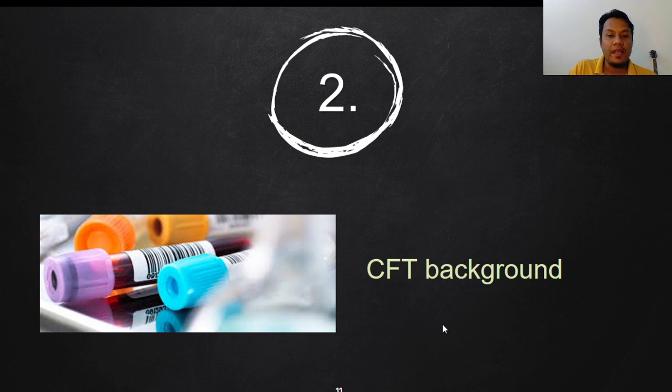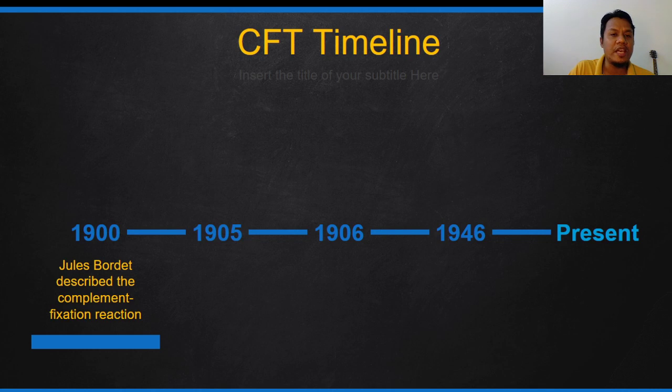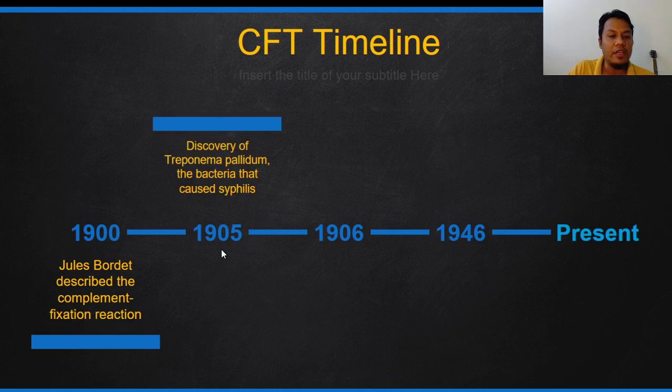Second, let's have a look at the CFT background, the timeline. CFT started in 1900 when Bordet and Gengou described the complement fixation reaction. In 1905, Treponema pallidum, the bacterium that causes syphilis, was discovered.